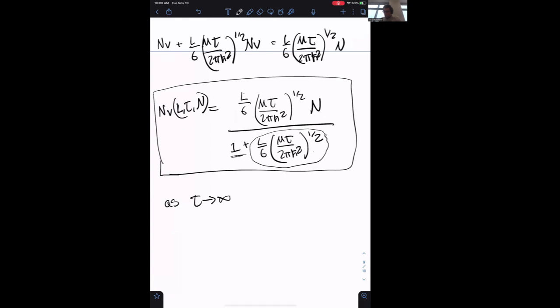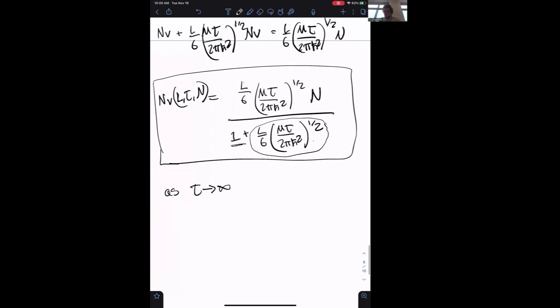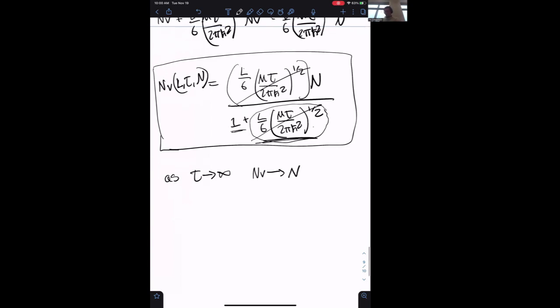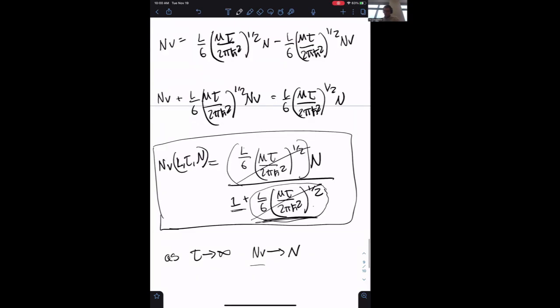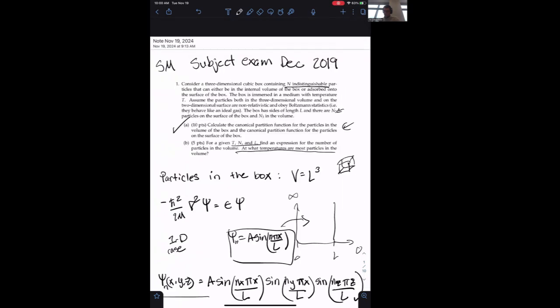Plus 1 is basically just this term. So you get that these two terms cancel each other out, and you're left with NV goes to N. So as you increase the temperature, more and more of the particles are going to be in the volume of the cube instead of on the surface.